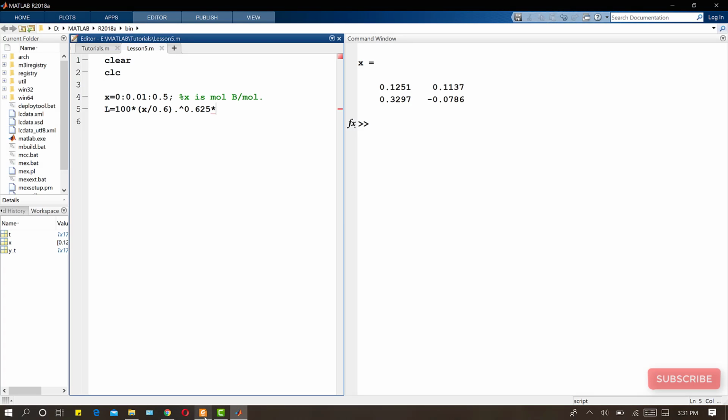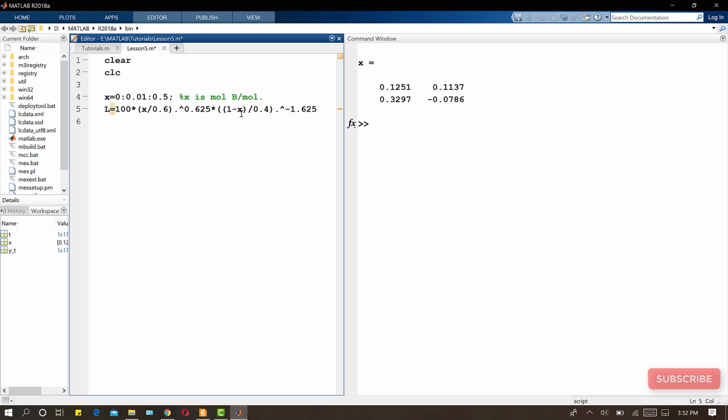So I will write 1 minus X divided by 0.4, and then we need to raise it to the power minus 1.625.